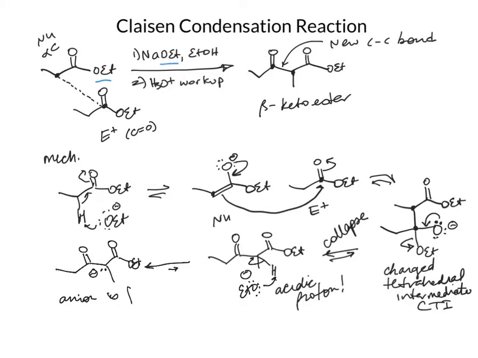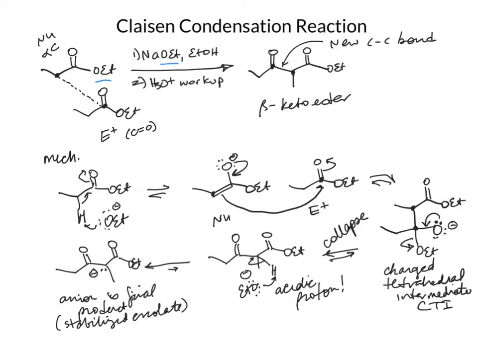We could describe this as a stabilized enolate. All enolates have resonance stabilization, but this one has extra resonance stabilization because it could delocalize over this carbonyl and this carbonyl. So a very, very stable enolate is our final product.